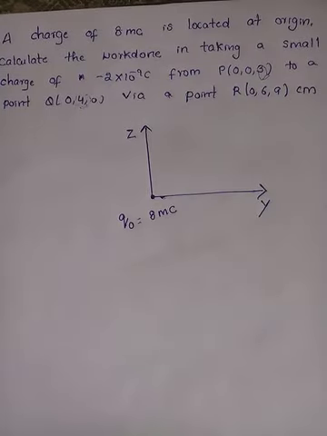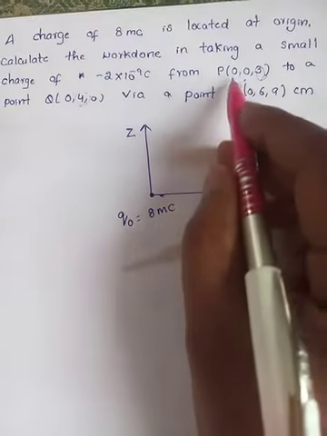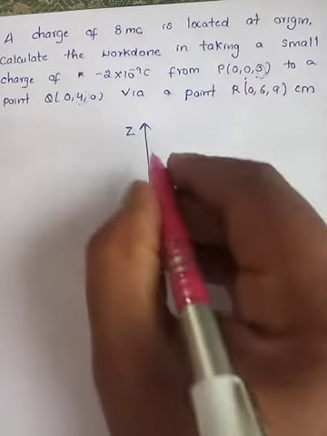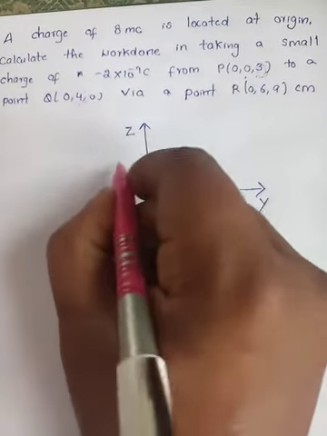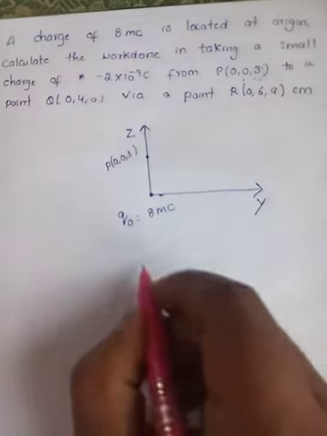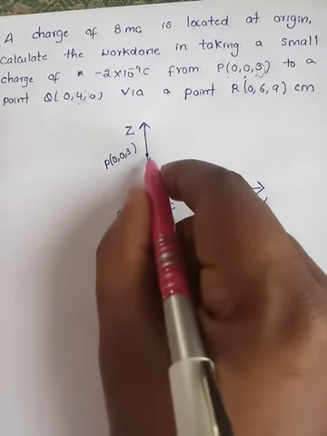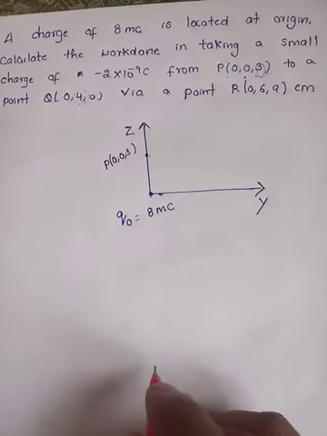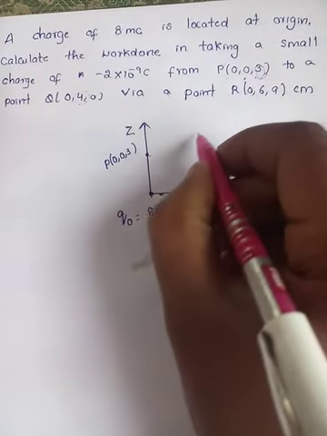Initially, the point P lies at (0, 0, 3) centimeters, so at a distance of 3 centimeters along the Z axis.